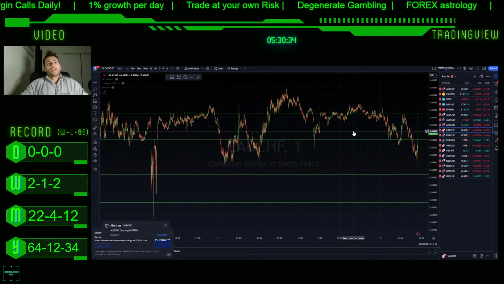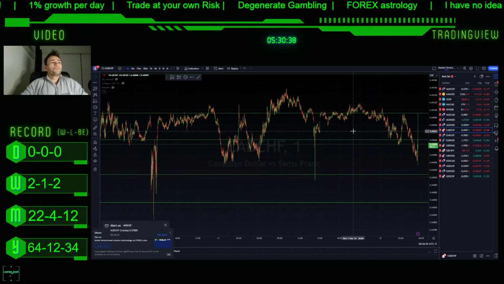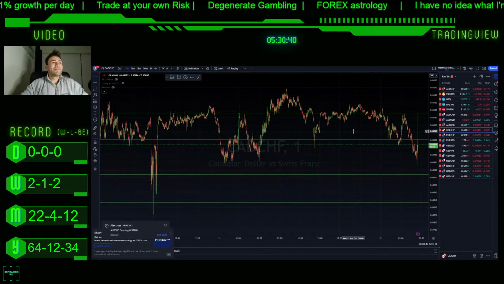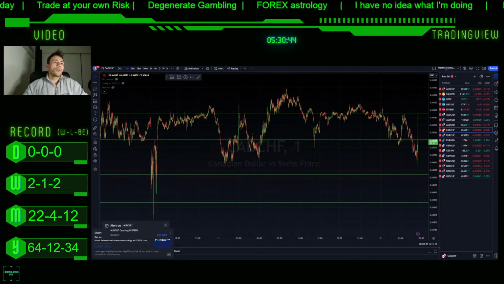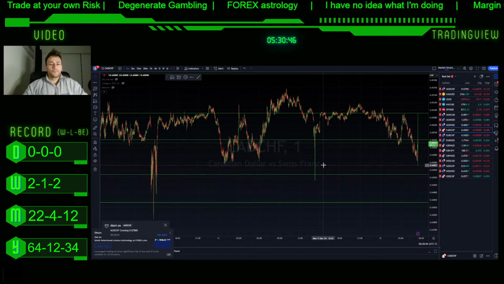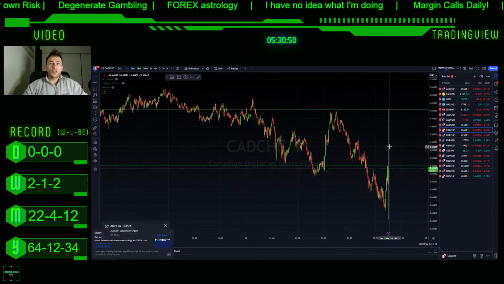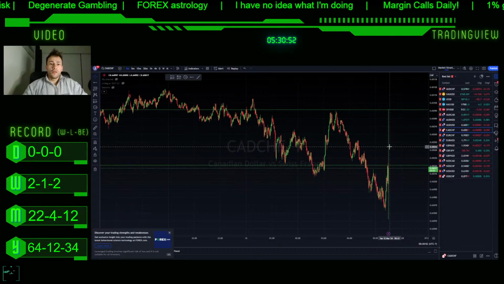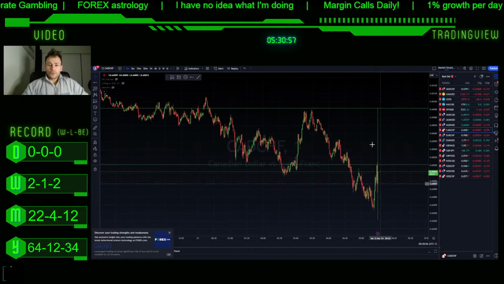Doesn't help that my Blueberry terminal lags significantly. I don't even know if this is streaming right now. There's just a whole lot of lag going on. I think potentially even my TradingView. No, TradingView is still loading.